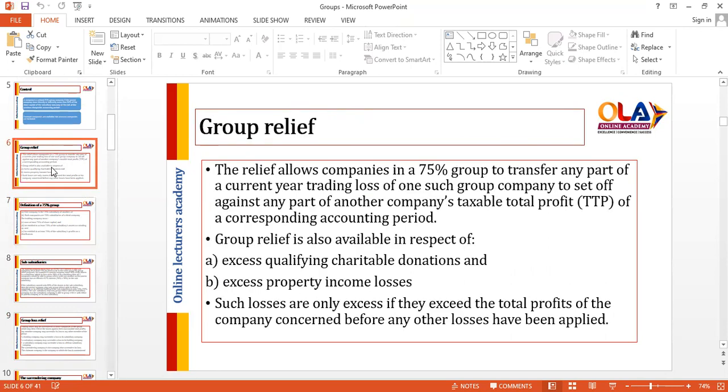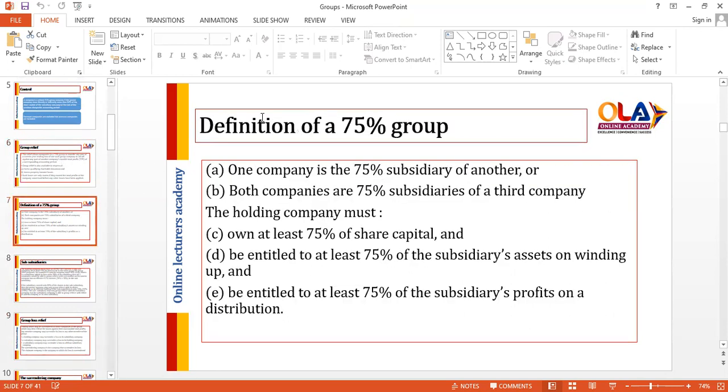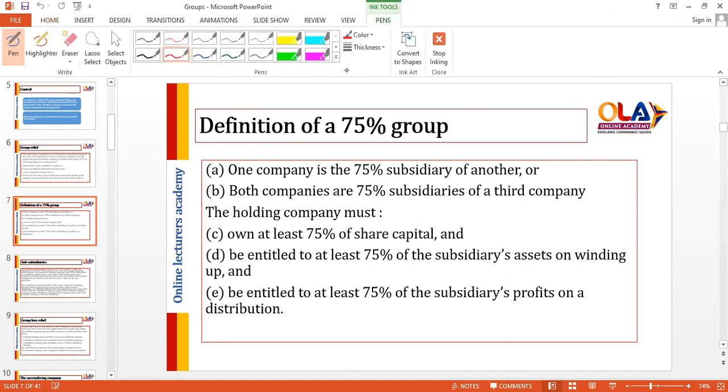So first of all, see the definition, because you have to write the proper definition of a 75% group.